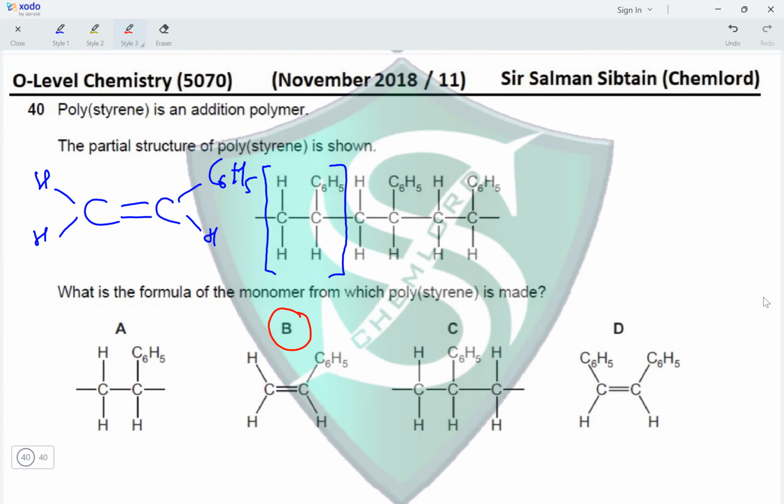In option A, we have a missing double bond. In option C, we have three carbon atoms present. And in option D, both carbon atoms have C6H5 on them. So the reasons for A, C, and D being incorrect have also been highlighted. Therefore, B stays the correct option.